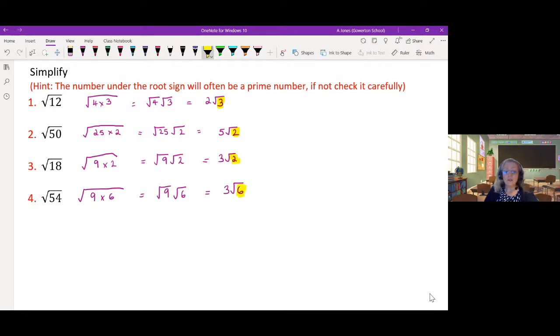But this one can't be simplified any further because there isn't a square number that goes into 6. So I can't simplify that any further. But it's always worth checking if it's not a prime number, just to make sure that you've done everything you need to. Okay, let's have a look at the next part then.